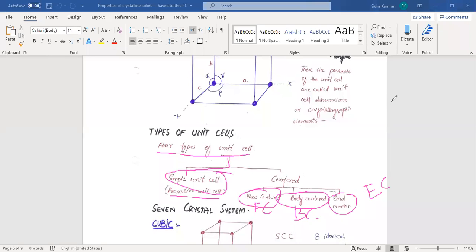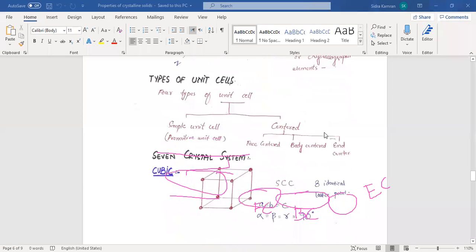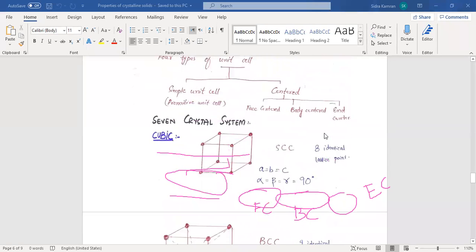So next we are going to discuss the crystals and their classification. Basically crystal system. In this crystal system we are going to explain what is simple unit cell, face centered, body centered, and end centered unit cell. There are 7 crystal systems, and what is a crystal system?